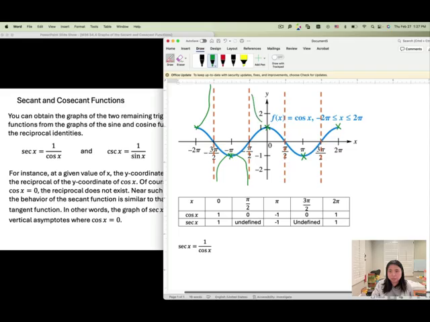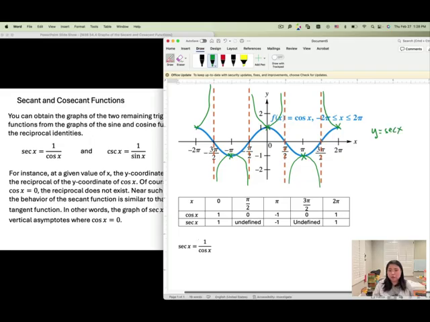Same idea here and for this one, approaching the vertical asymptote. The green one will be y equals secant x.